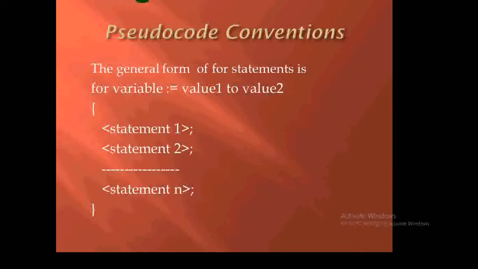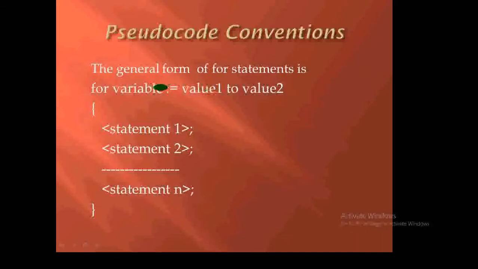The next is the for statement. The syntax of the for statement is: for, the index variable, the assignment operator, value 1 to value 2. This statement is used when you want to repeat a set of statements for different values of a variable.